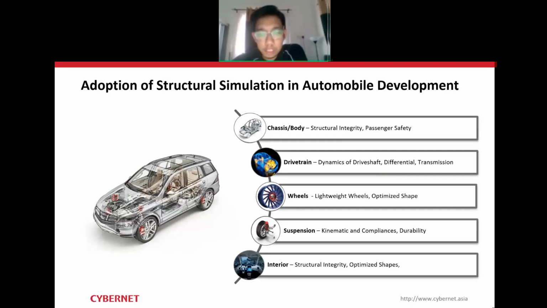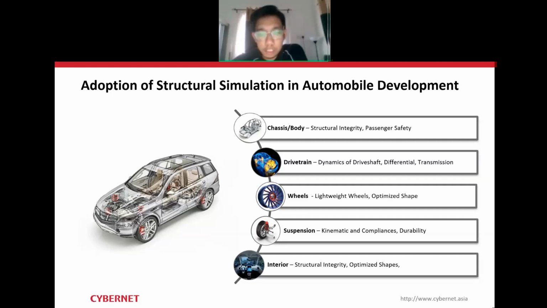So the adoption of structural simulation in automobile development can be seen in several parts and components of a vehicle. Here are some of the automotive parts that can adopt structural simulation in their development.